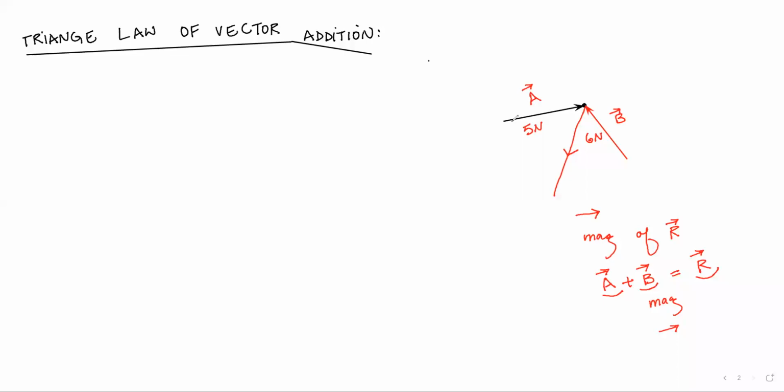We know this force is from left to right, so this will give a left to right push to this body. But this force is, you can say, from bottom to up. So the body will have a tendency to move like this also, like this also. So ultimately the body will go somewhere like this.